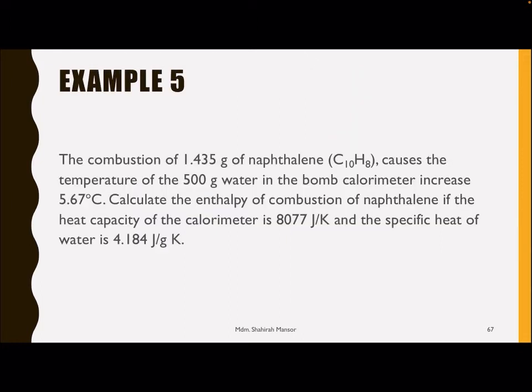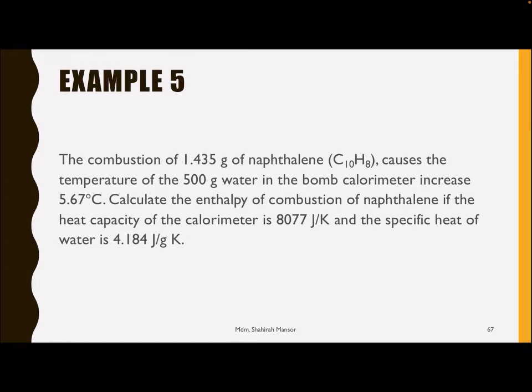Okay, so let's see this example. The combustion of 1.435 gram of naphthalene causes the temperature of the 500 gram of water in the bomb calorimeter to increase by 5.67 degrees Celsius.